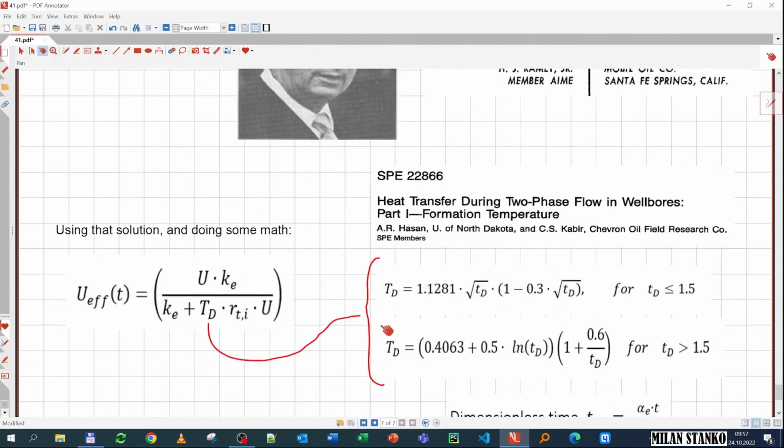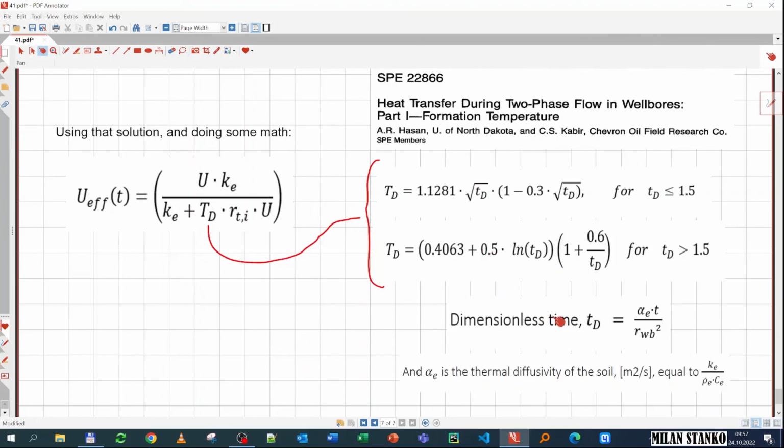TD is the dimensionless temperature, based on the temperature at the sand face, and we have the dimensionless time, tD, which uses the thermal diffusivity of the soil, a combination of thermal conductivity, density, and heat capacity. Then we have the time, and the wellbore radius squared. So if we have the time, then we can have this dimensionless temperature.